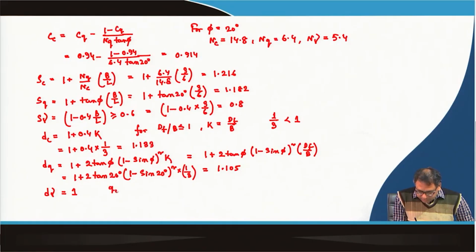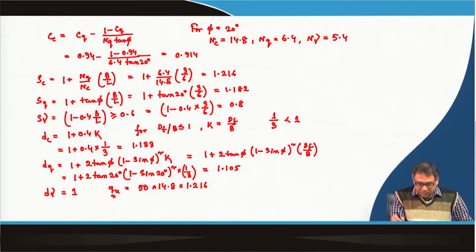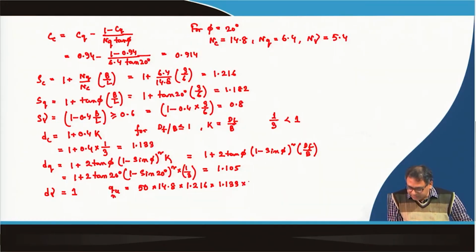So, finally, q ultimate, or net ultimate, will be 50 into 14.8 into 1.216, because that is the Sc, then Dc is into 1.133, then inclination factor is 1, because all of Ic, Iq, I gamma will be 1.